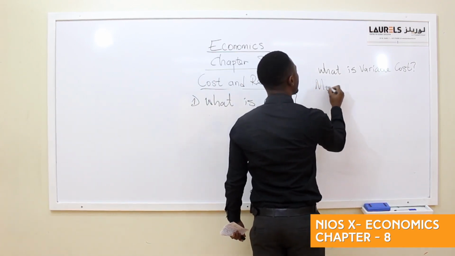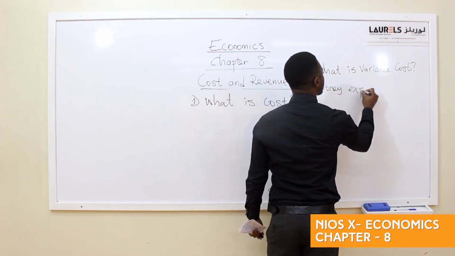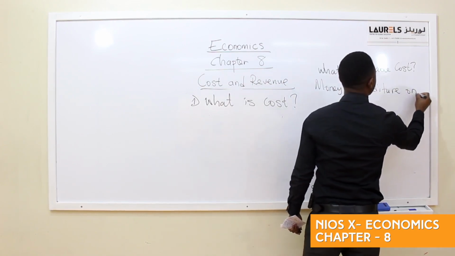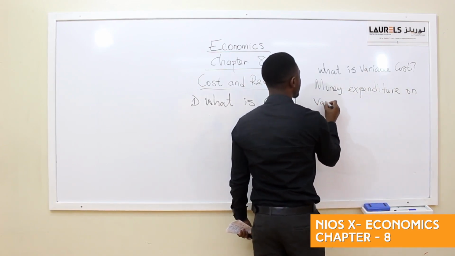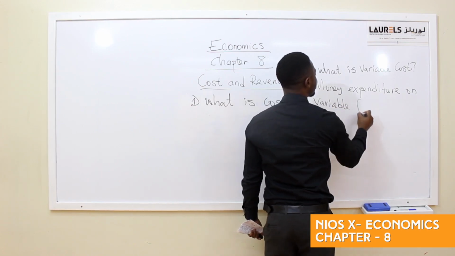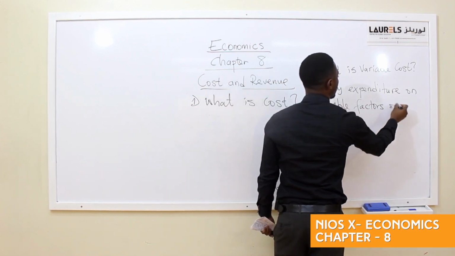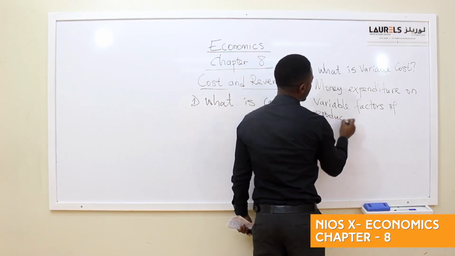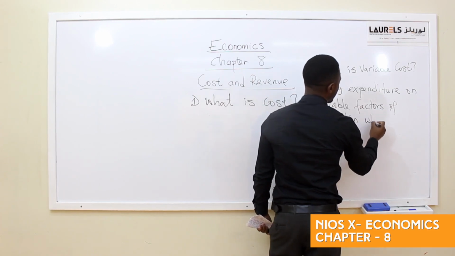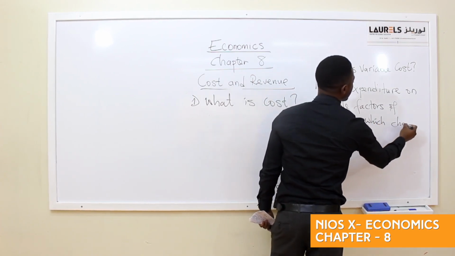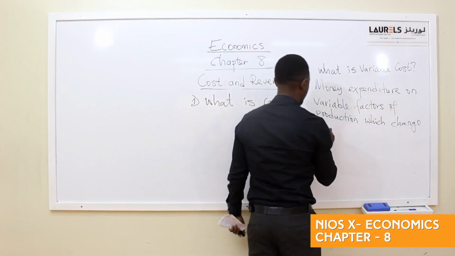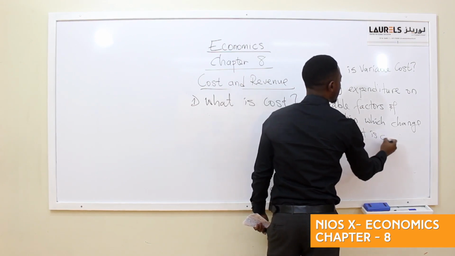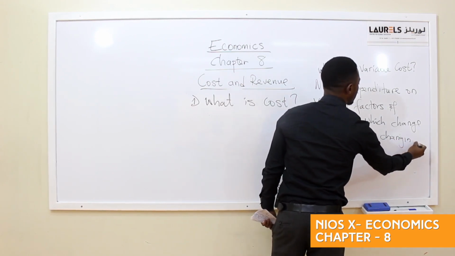So this is money expenditure on variable factors of production which change when output is changing.